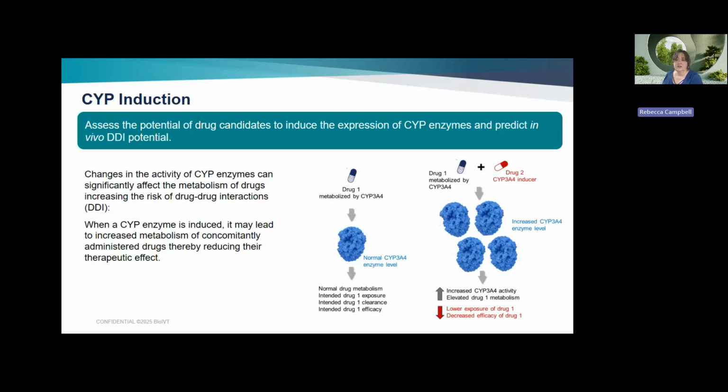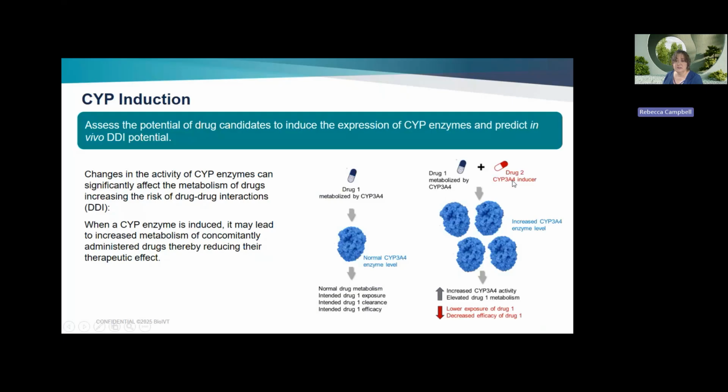This simple figure illustrates that principle. On the left, we have the situation under normal or standardized conditions. Drug 1 is taken by a patient. It is metabolized, and in this example, metabolized by CYP3A4. The resulting exposure, clearance, and efficacy is as predicted and intended.